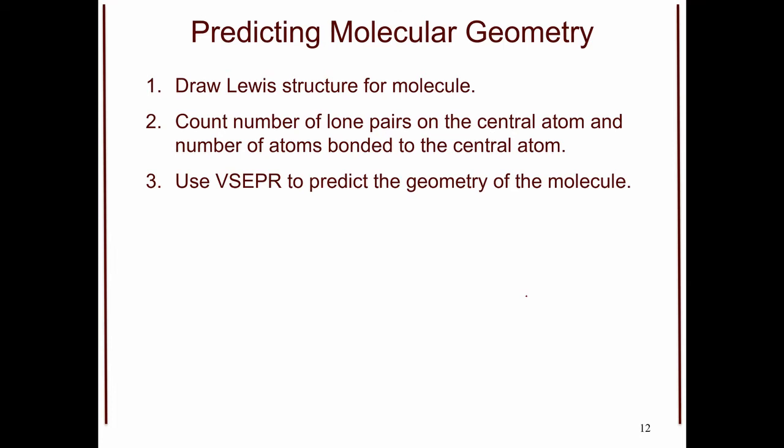This will get you down to the 5 basic geometries. If there are no lone pairs, then that will give you your answer. However, if there are lone pairs, then you must go and separate your lone pairs from your bound atoms to then figure out which advanced molecular geometry you're going to use.